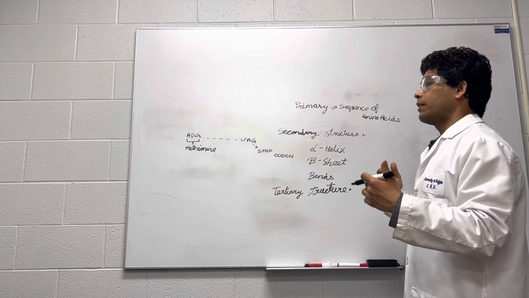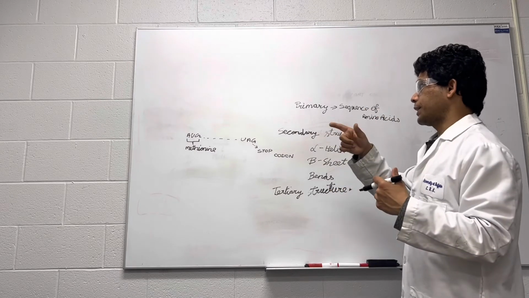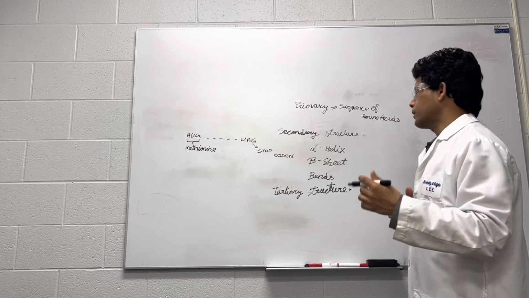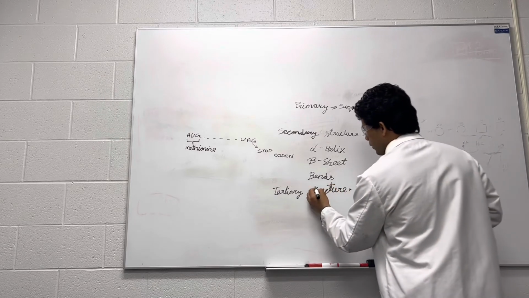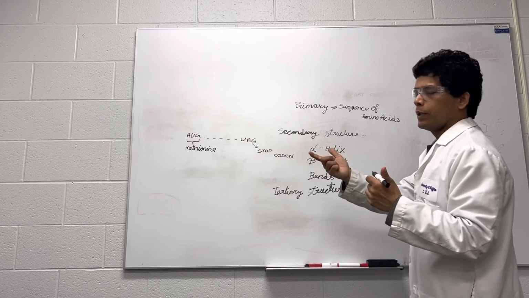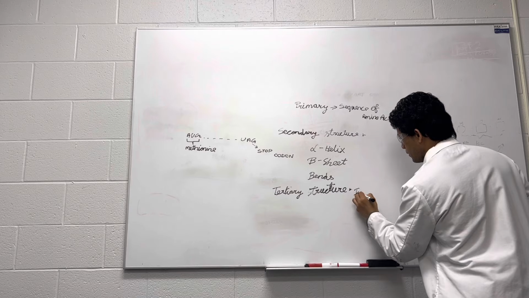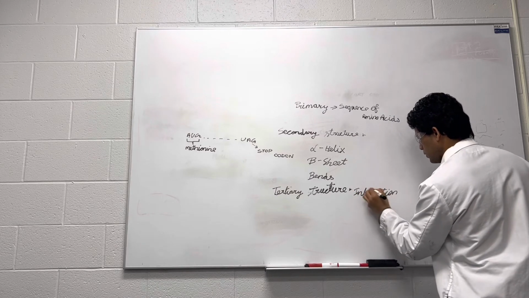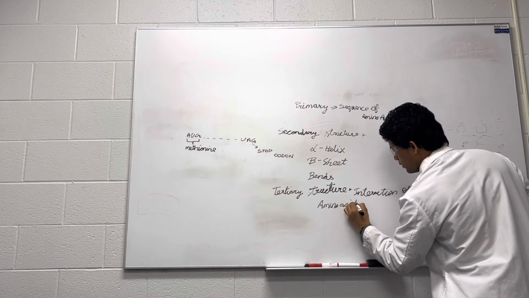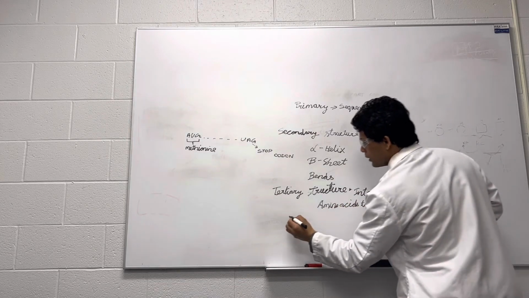We will discuss this later when we go into detail about how the amino acids interact with each other. But for the moment you can understand that it is basically due to the interaction of amino acids with each other. The last one is quaternary structure.